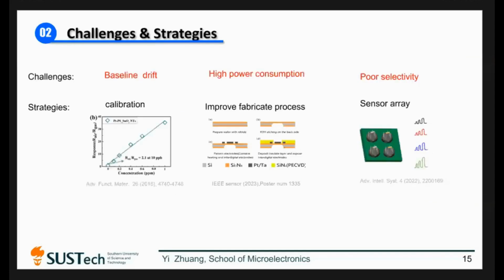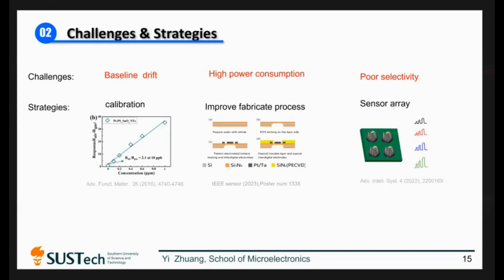For those challenges, there are traditional coping strategies. For example, calibration was used to overcome the baseline drift. We can decrease power consumption by improving the fabrication process.